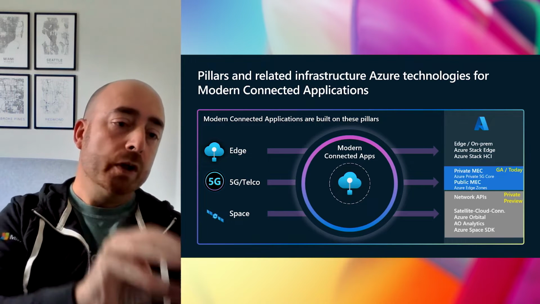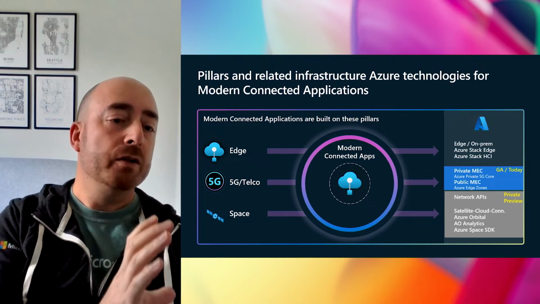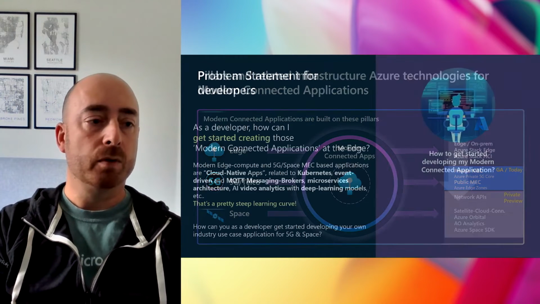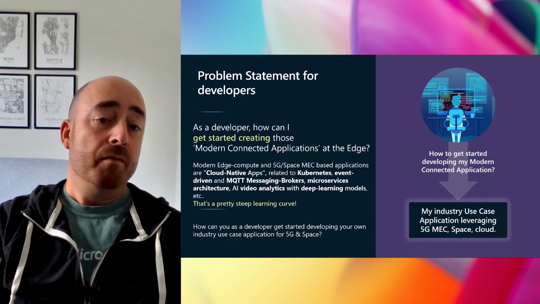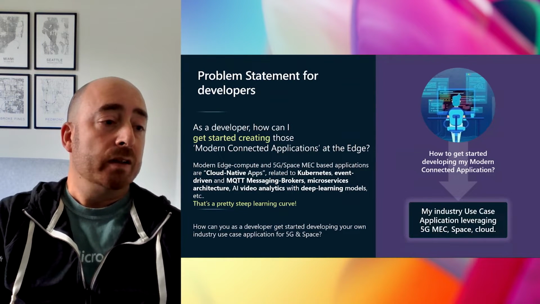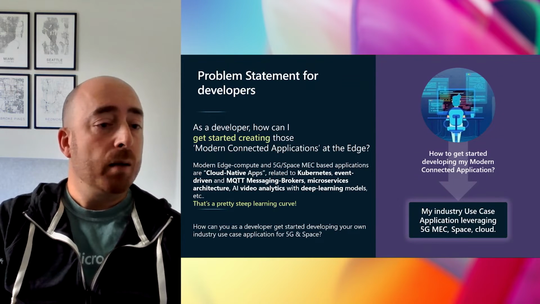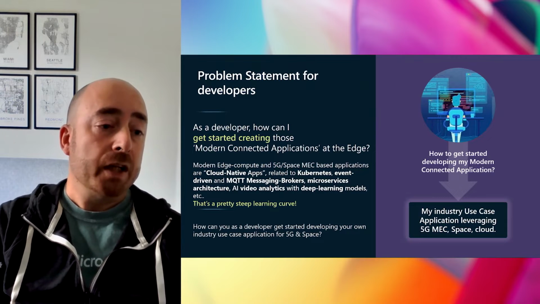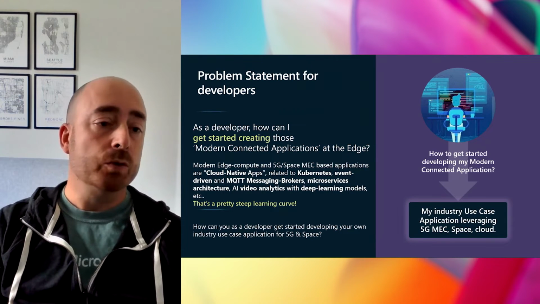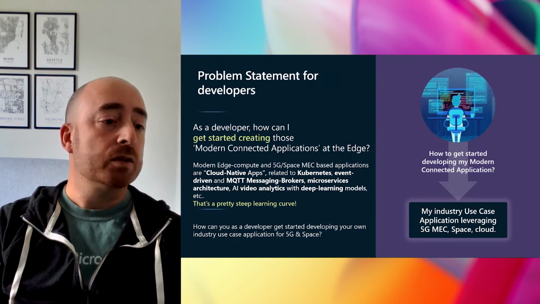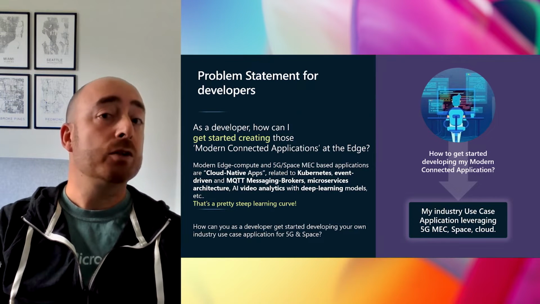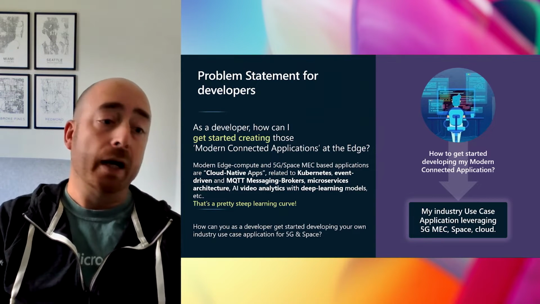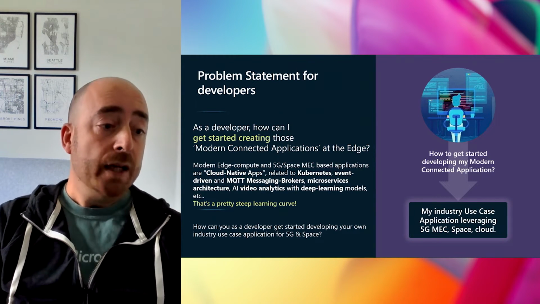But what we're going to talk about in this session is how you can create your modern connected application from a development point of view as a developer, right? So then the question is, okay, how can I get started creating that? Because the problem is that these kinds of applications are, let's say, cloud native applications at the edge. So very much related to Kubernetes, event-driven applications, MQTT messaging brokers, microservices architecture, and then also usually AI video analytics or AI models, deep learning models.